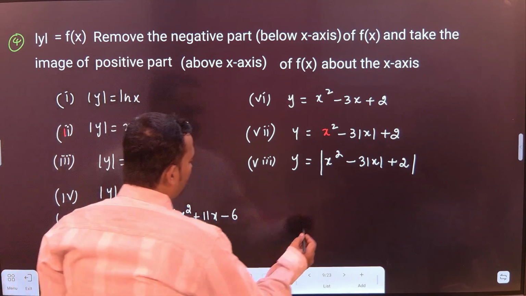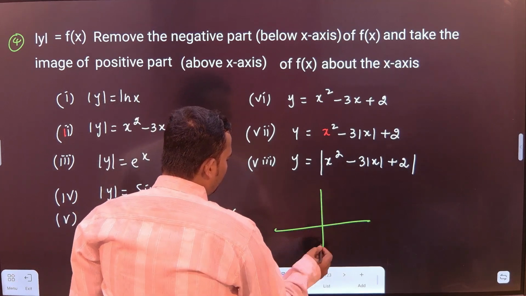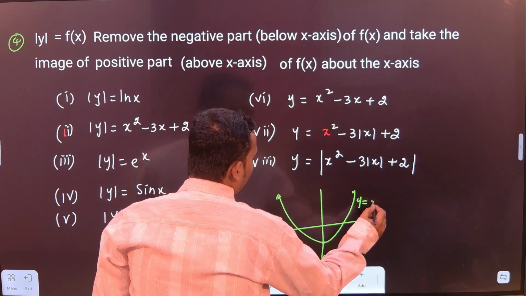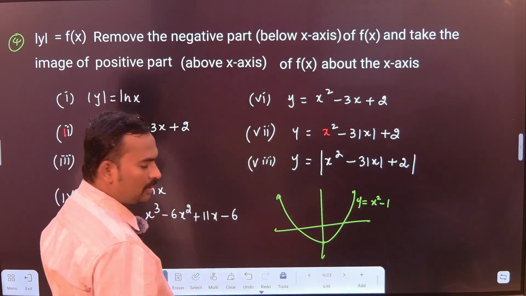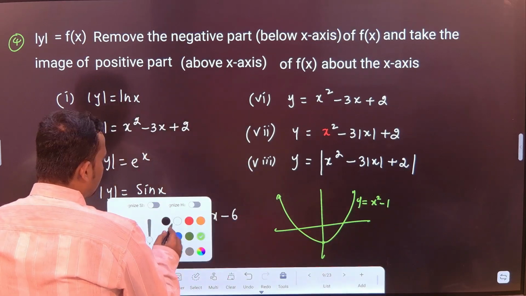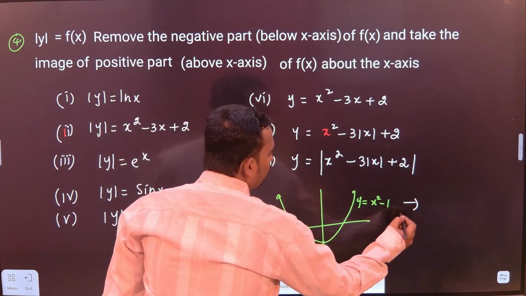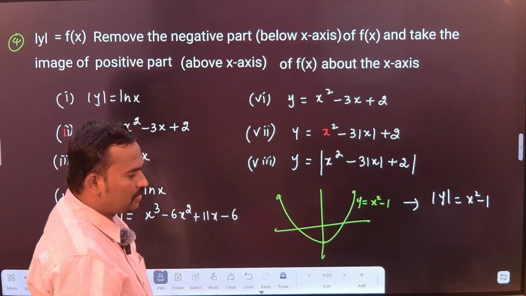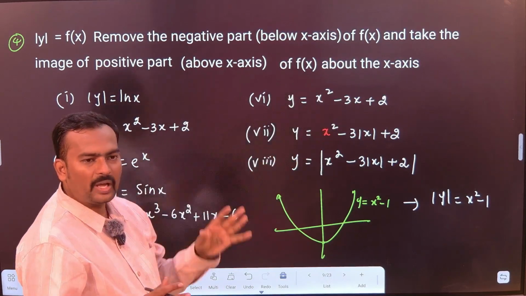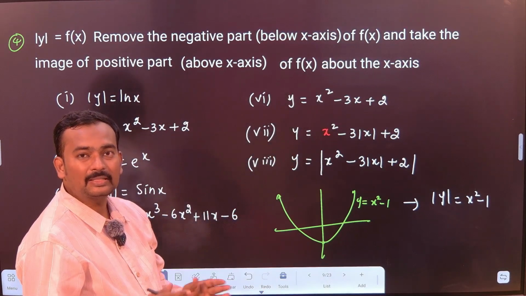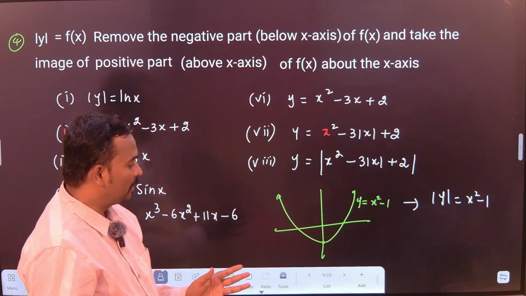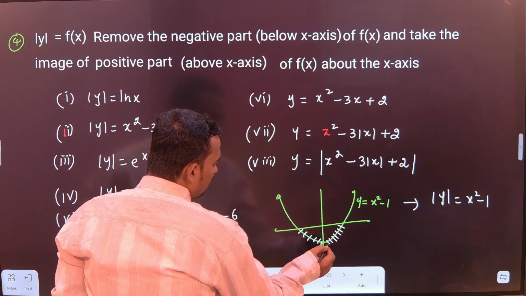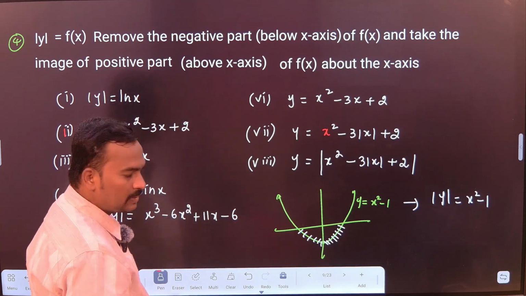Let me take one example. Suppose the graph is, what is the graph? This one, y is equal to x square minus 1 graph. Okay. So when you apply mod y is equal to x square minus 1, that means the y here is a modulus you are applying, so negative y will not be there. So what you have to do, whatever the negative portion is there, remove it.